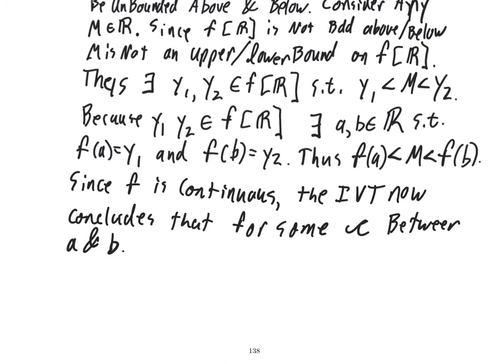So I'm going to avoid making that mistake by just saying between, such that f of c equals m.